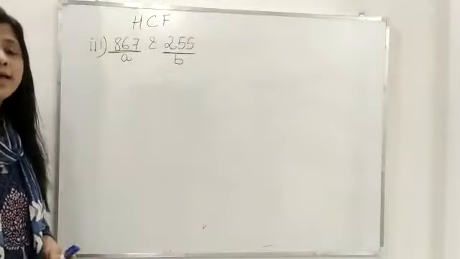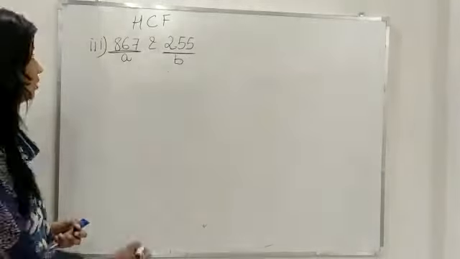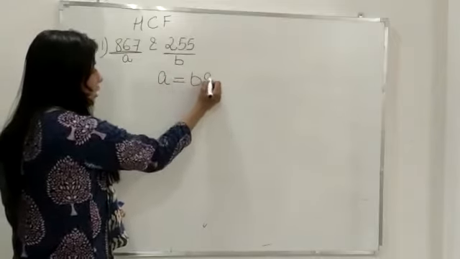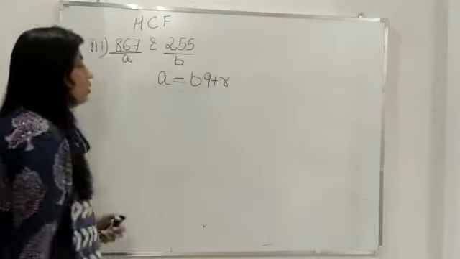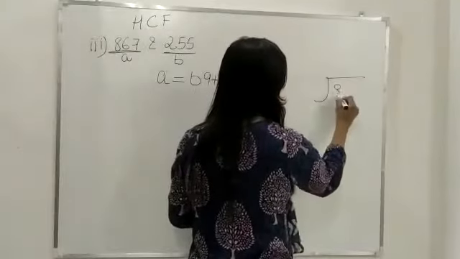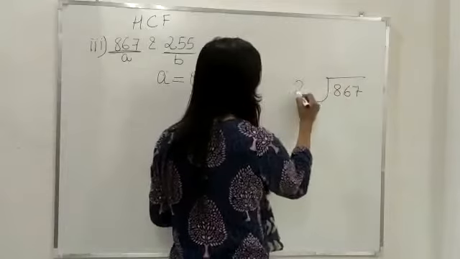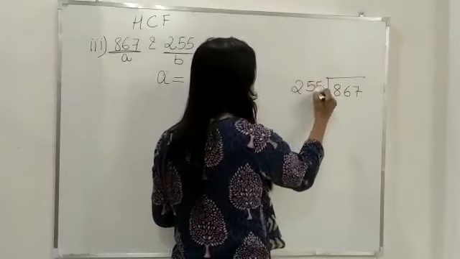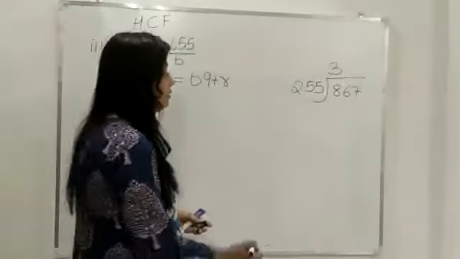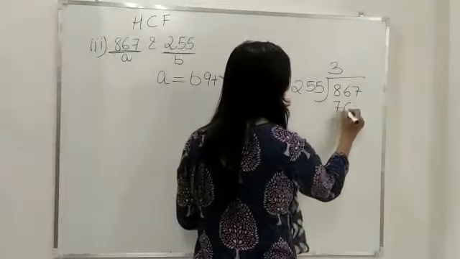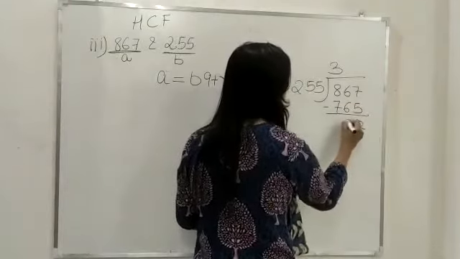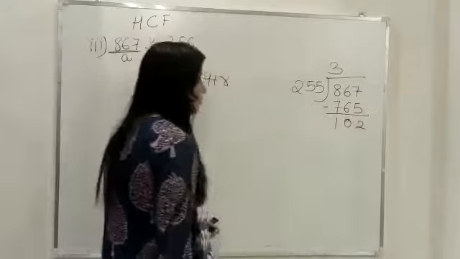You will apply Euclid's division algorithm to find the HCF, that is A is equal to BQ plus R. So here 867 divided by 255. So 255 times 3 will be 765. So you will get 7 minus 5, 2, 0 and 1.